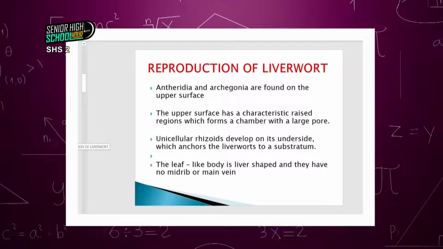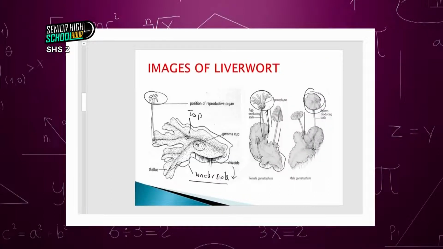Then the upper side has a raised region which forms a chamber with a large pore. So you see this side raised up a little bit with a chamber with holes in it. They are called the gemma cup. During asexual reproduction, gemmae are produced in this.